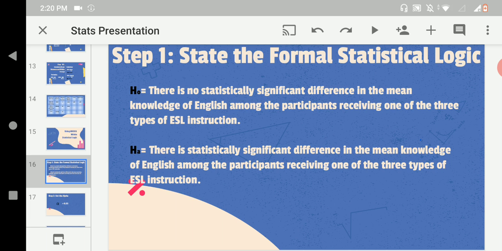In this discussion, we will be looking for a difference between the groups. Our null hypothesis is there is no statistically significant difference in the mean knowledge of English among the participants receiving one of the three types of ESL instruction. And our alternative hypothesis is there is a statistically significant difference in the mean knowledge of English among the participants receiving one of the three types of ESL instruction.